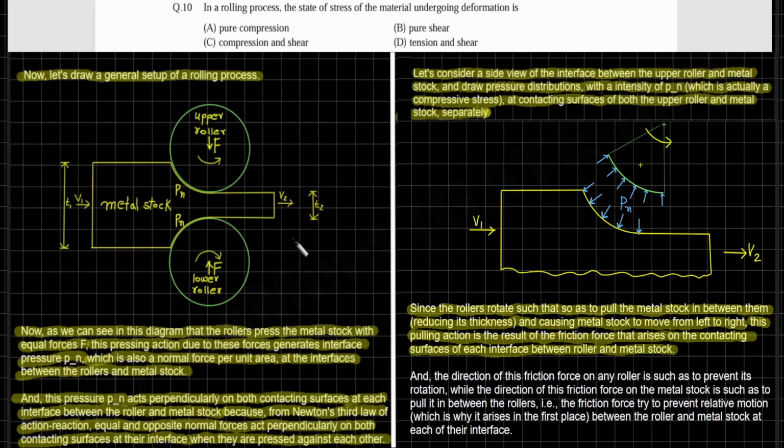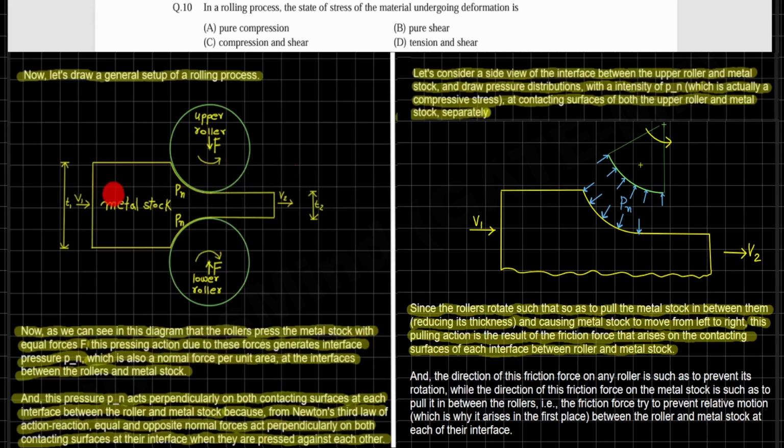At the beginning of the rolling operation, the metal stock has a near zero velocity while the rollers rotate in the directions as shown in this figure.